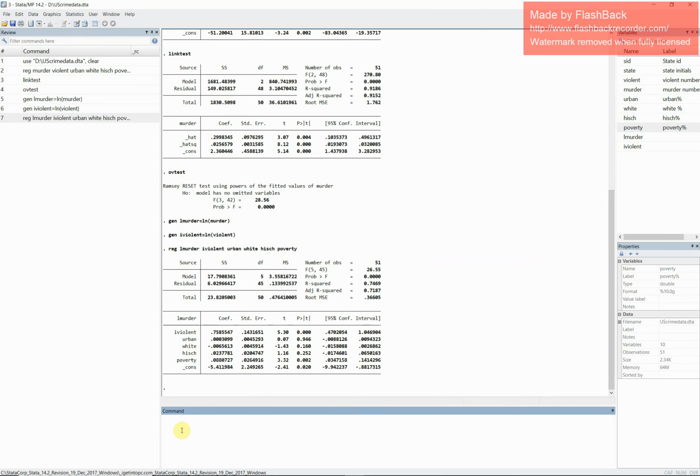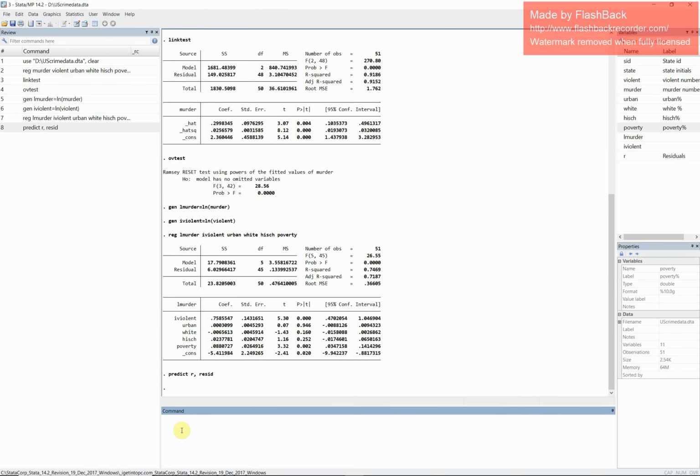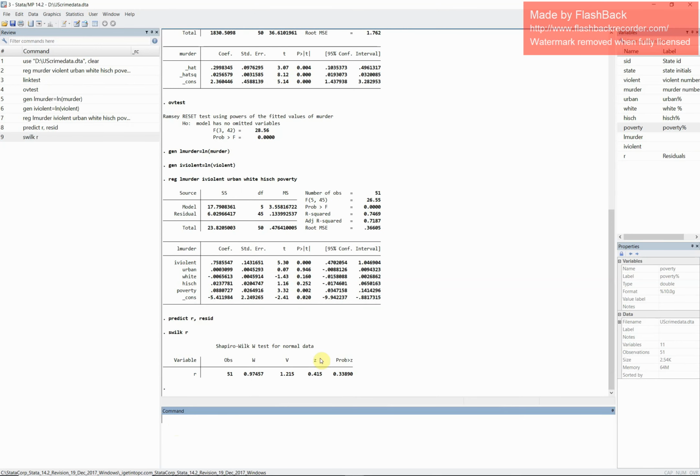Let's use the Shapiro-Wilk test to test for normality, but before that we need to predict residuals. We name it r. Now we test for normality using the Shapiro-Wilk test, and what we find is that our null hypothesis is accepted, and therefore now there is normality.